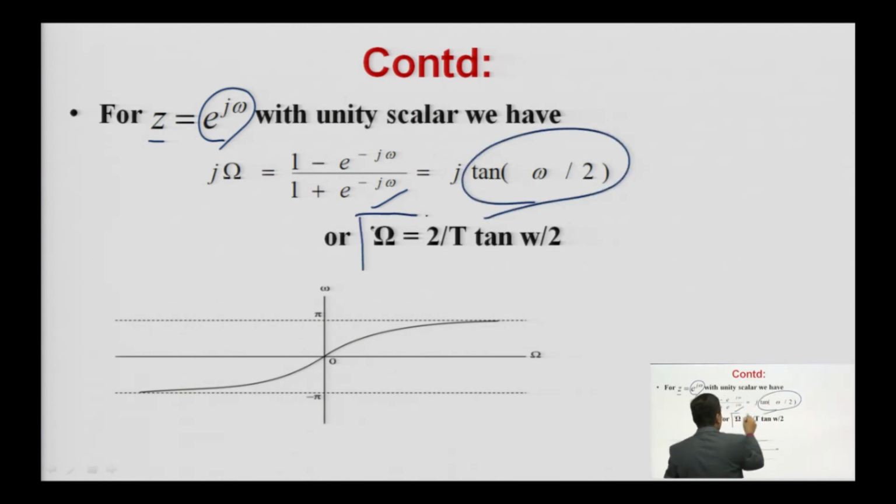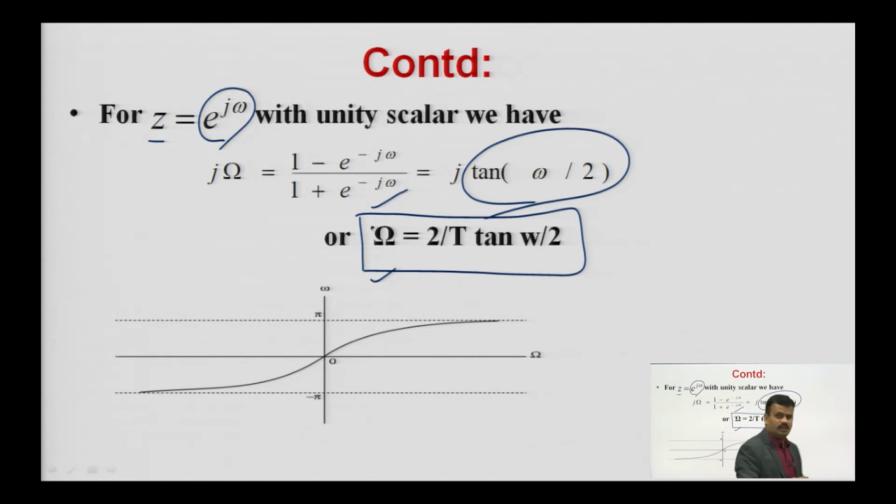Now, your Ohm is equal to 2 upon T tan of omega upon 2. So, this relation shows the relation between your analog and digital frequency. Ohm is your analog frequency and omega is your digital frequency.